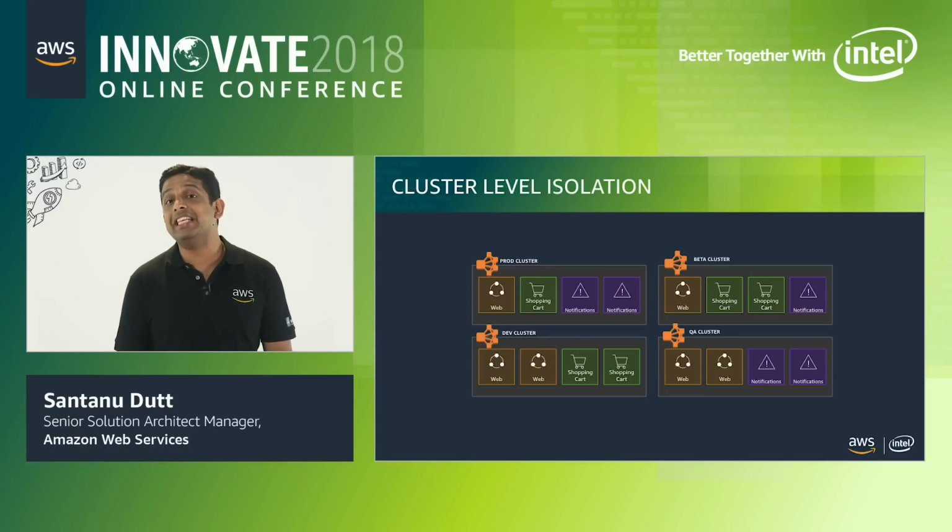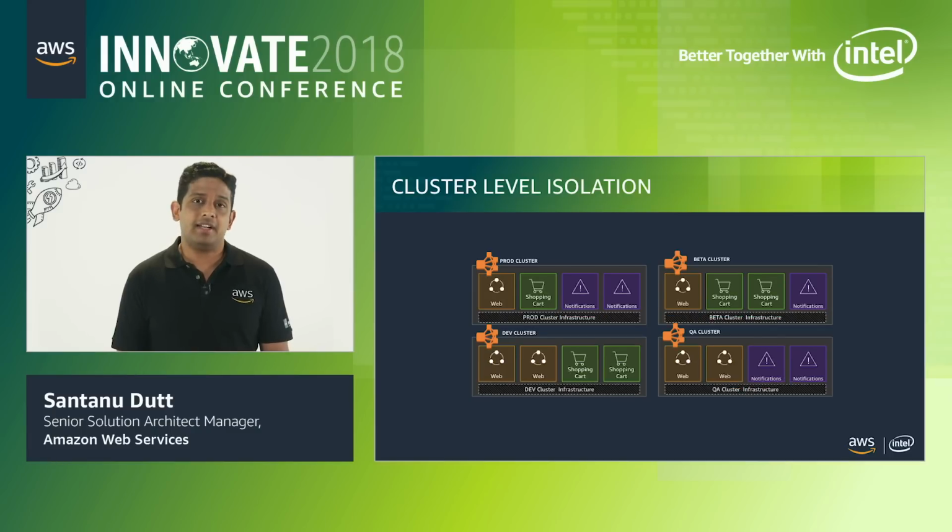In ECS with EC2, your container instances are registered with a cluster and your tasks are running on shared infrastructure. Similarly, your Fargate tasks in the production cluster may share the same underlying infrastructure as other tasks within that same cluster. But the notification application in prod will never share the infrastructure with any other tasks from dev, QA, or the beta clusters.